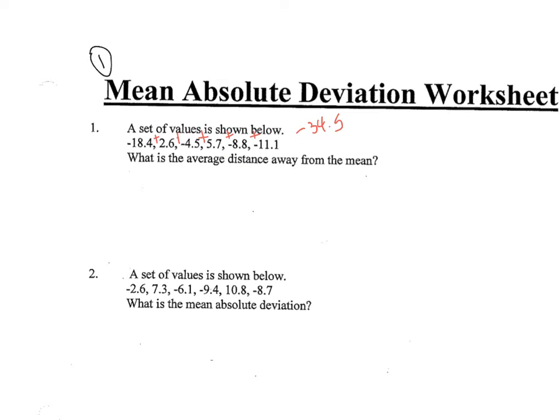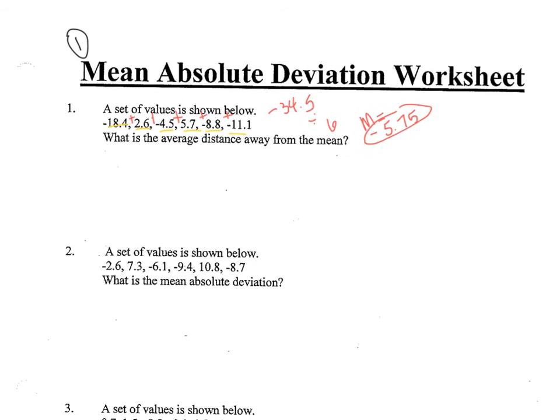I need to count how many numbers I have in my set: 1, 2, 3, 4, 5, 6. So I'm dividing this number by 6. My mean is negative 5.75. That's not my answer, that's my average. I need that for step 2, which is finding the absolute deviation.